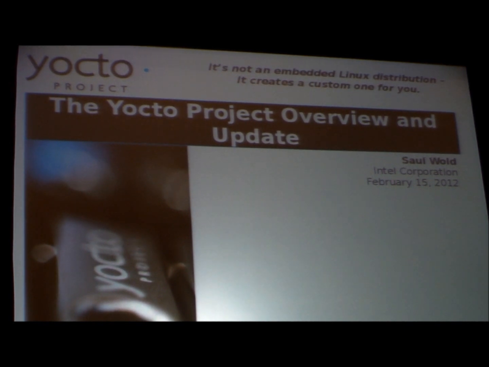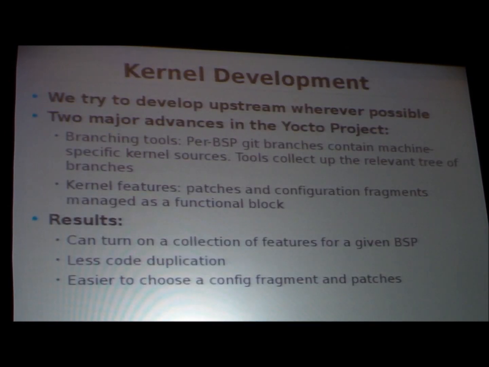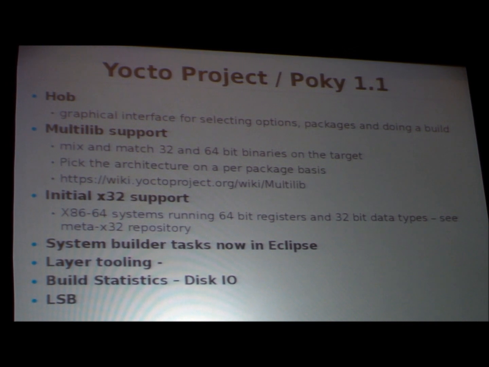Let's see if I can get back. All right. I have about 5 minutes left, I think, to get through. Since the Yocto Project 1.1, last time we talked here, we introduced Hob, which was similar to what you saw here, but it was a little rougher around the edges, and we're trying to polish it a little bit more.